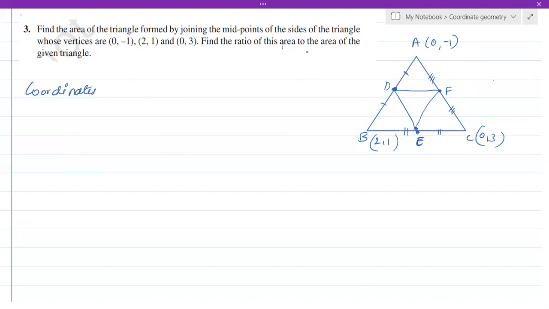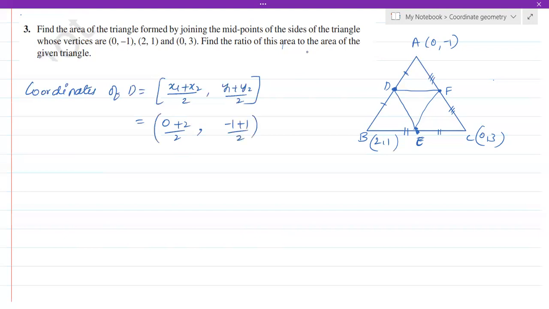So we are going to use the midpoint formula: x1 plus x2 divided by 2, comma y1 plus y2 divided by 2. D is the midpoint of AB, so x1 will be 0, x2 will be 2, divided by 2, comma y1 will be minus 1, y2 is 1, divided by 2. A is x1, y1 and B is x2, y2. That's what I've applied here.